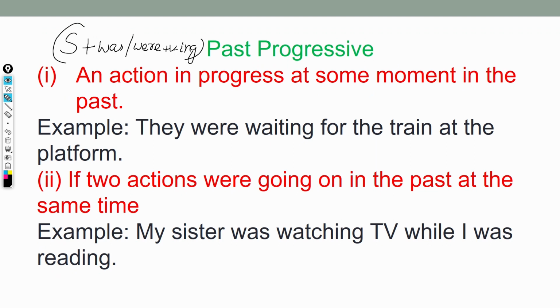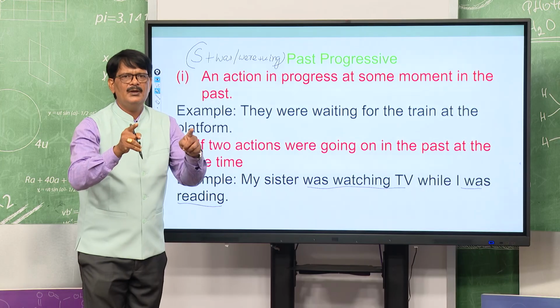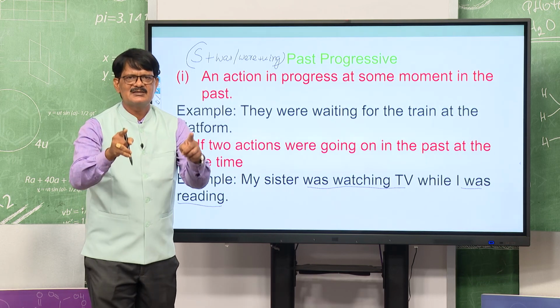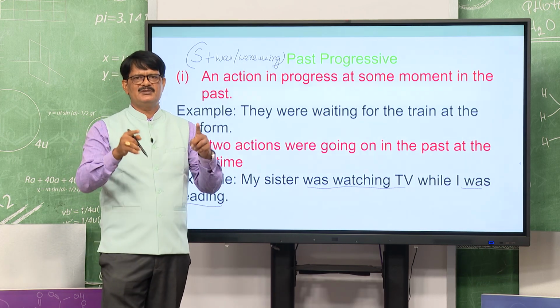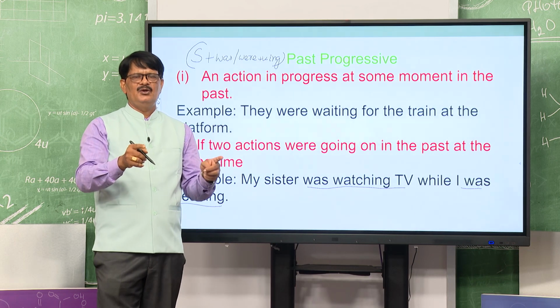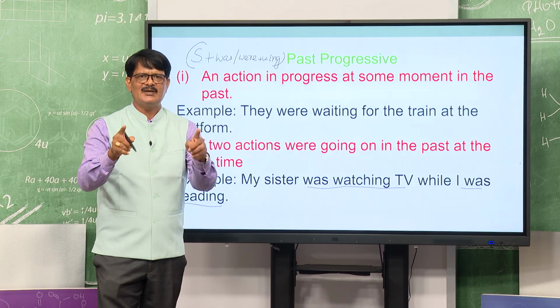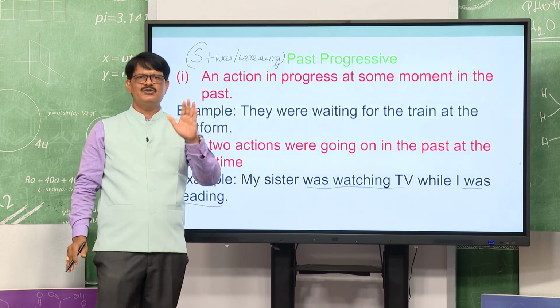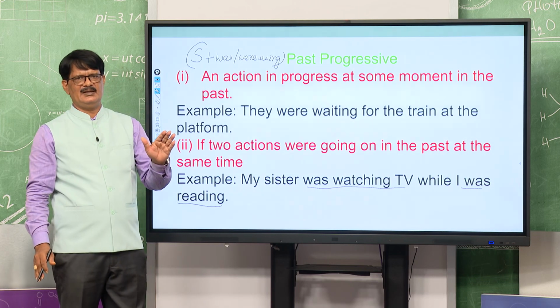That means here, watching TV is past progressive, and while I was reading is also past progressive. Two works going on simultaneously, at a time. Sometimes when you are reading, your sister is disturbing you. At the same time two works are going on in the past, so past continuous or past progressive is used there. Okay.